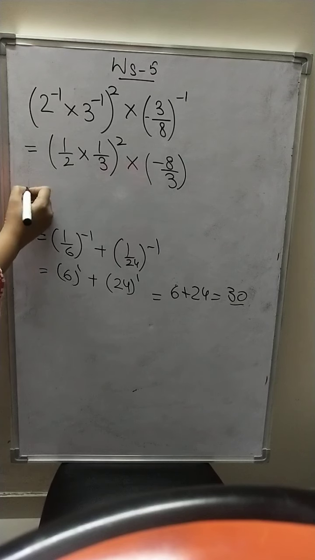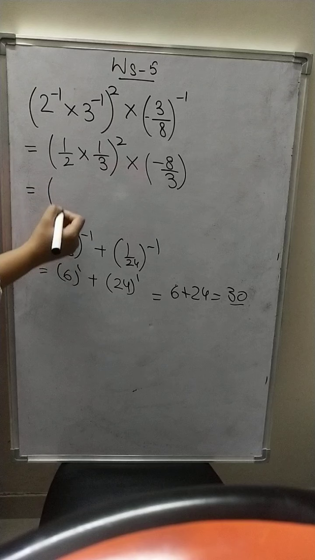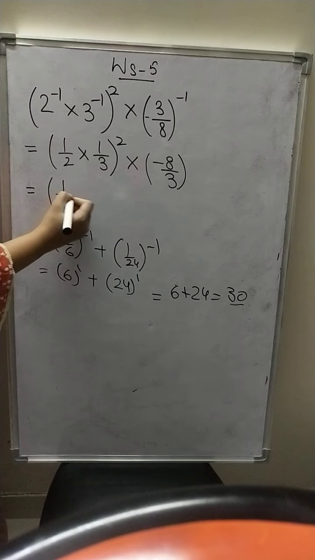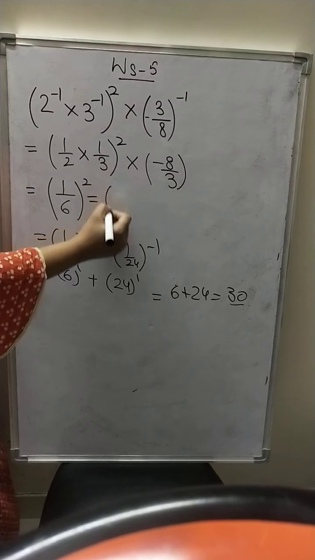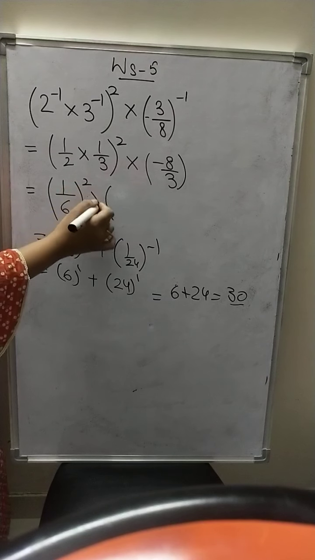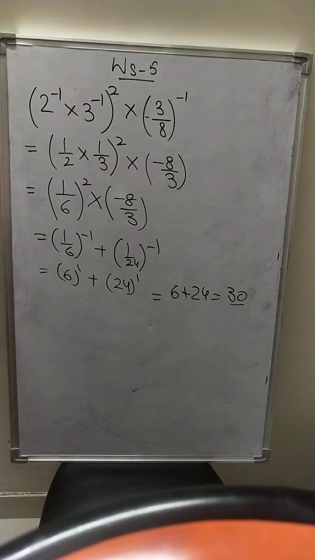Alright, now what we have to do, what sign is in between, multiply, so of course we have to multiply. So 1 ones are 1, 2 threes are 6, the whole square is equal to, into minus 8 upon 3. I hope it is clear up till this point.